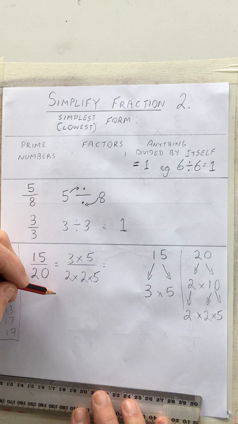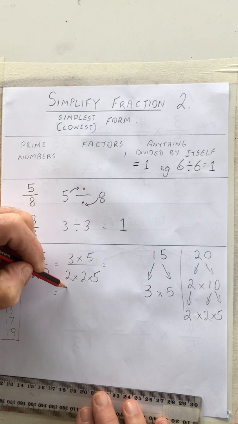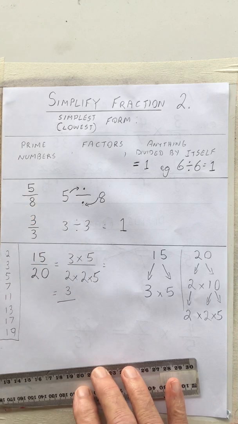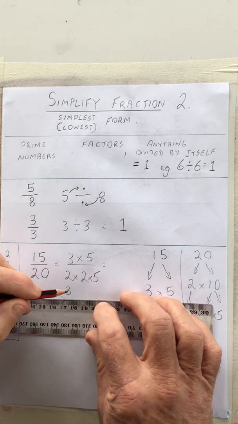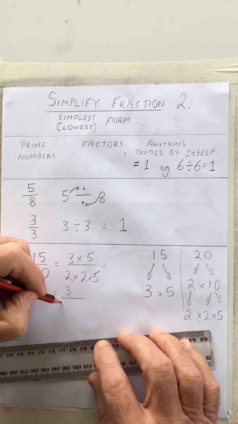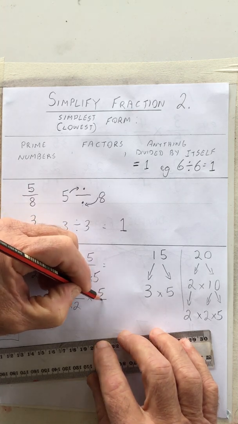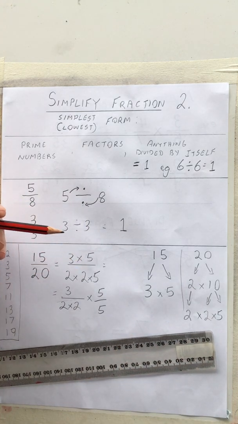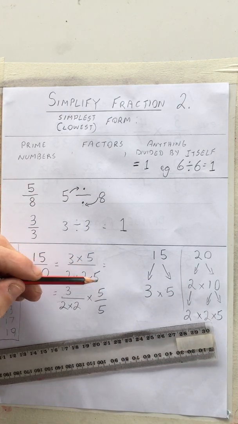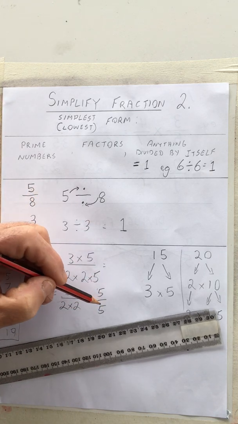Using the concept of multiplication, I can see that this is actually 3 over 2 times 2, and then multiply by 5 over 5. You can see I've just split it up as I can do from my previous video. Now 5 over 5, or 5 divided by 5, as shown here, is equal to 1.